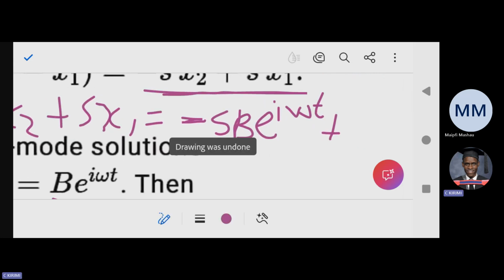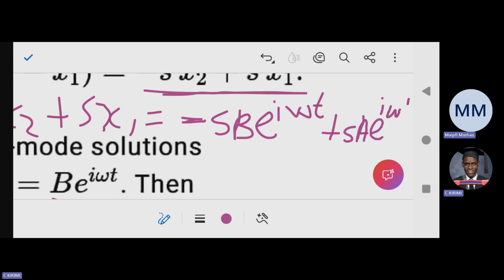So let's put our s. So it will be s A e to the power i omega t.